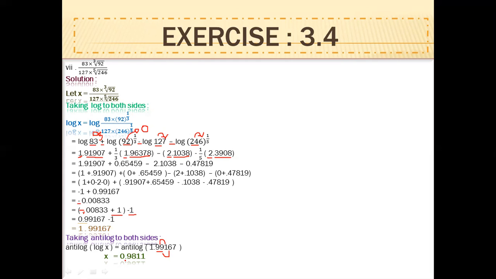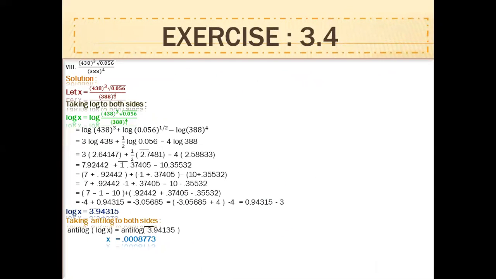It means that our number will start with the decimal 0.9811. Students, as I told you, to verify your answer, you can simplify your question directly with the calculator and you see that both the answers will be same.